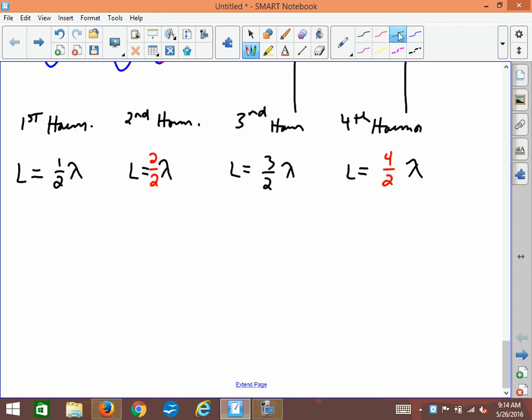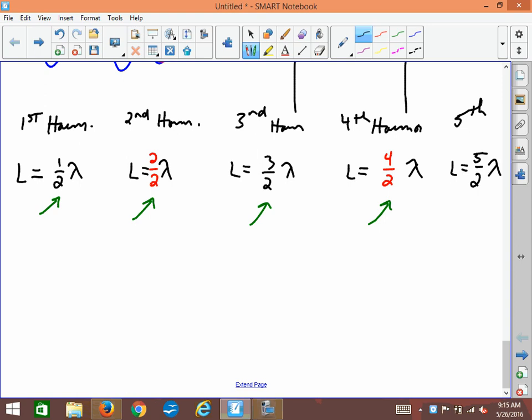The length of the string is changing in a pattern. Here it's 1/2 lambda, 2/2 lambda, 3/2 lambda, 4/2 lambda. So you can guess that if we did the fifth harmonic, we would probably get 5/2 lambda. And this pattern would go on forever, virtually.